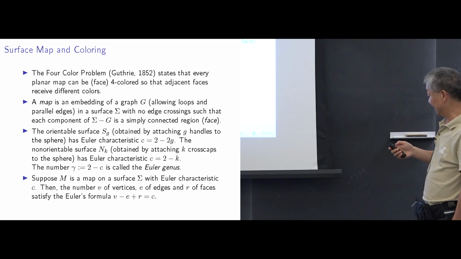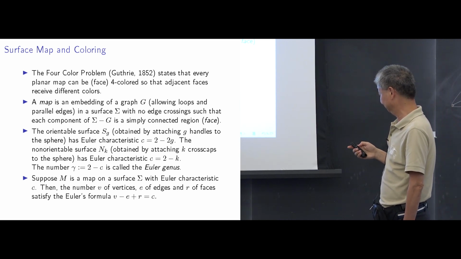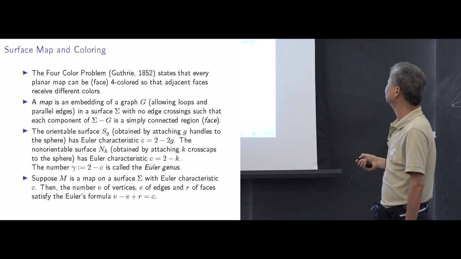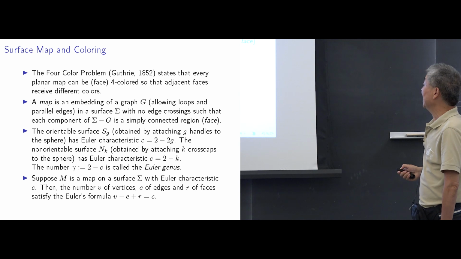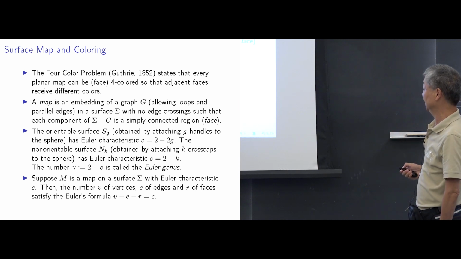Well, of course, the four-color problem turns out to be a very difficult problem. But then it turns out that if you extend this problem to graphs embedded in general surfaces, it actually becomes simpler. So again, here a map is a graph embedded in a surface.